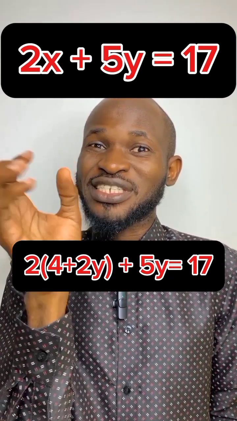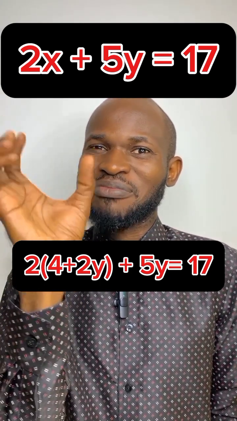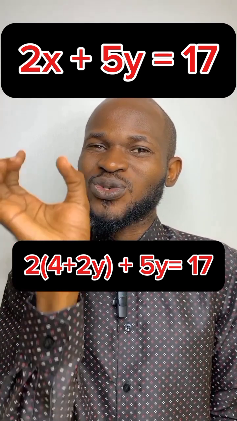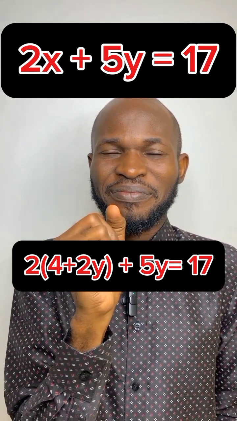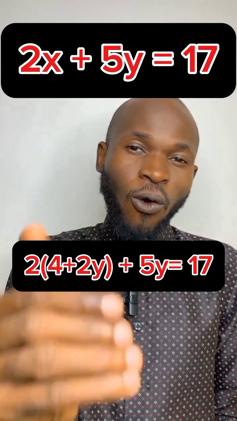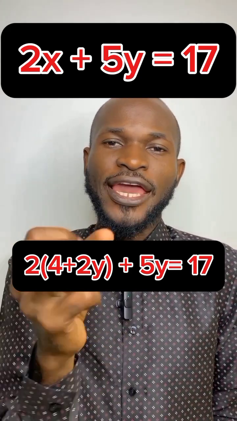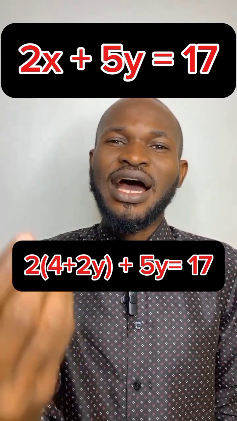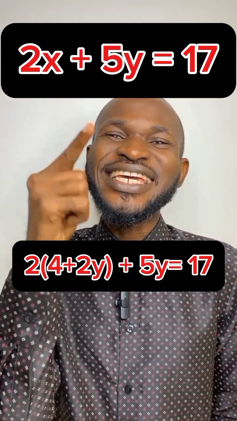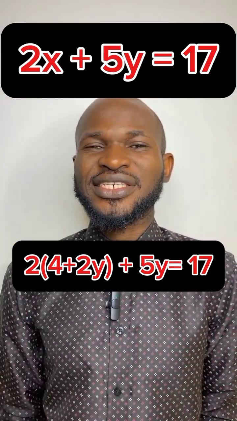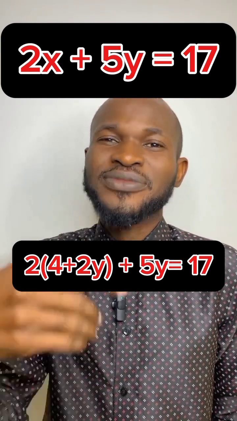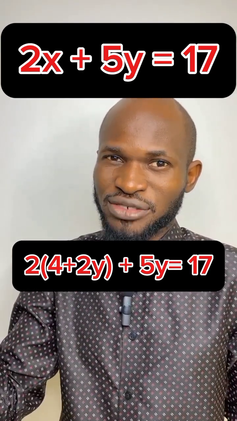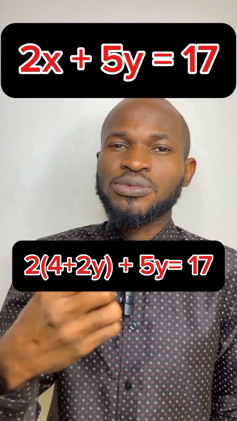That open bracket means I'm replacing the x now by something else. I want to insert that thing. And what is that? My 4 plus 2y. So 4 plus 2y will now appear instead of x. Simple! You've done the substitution, just like the football match.